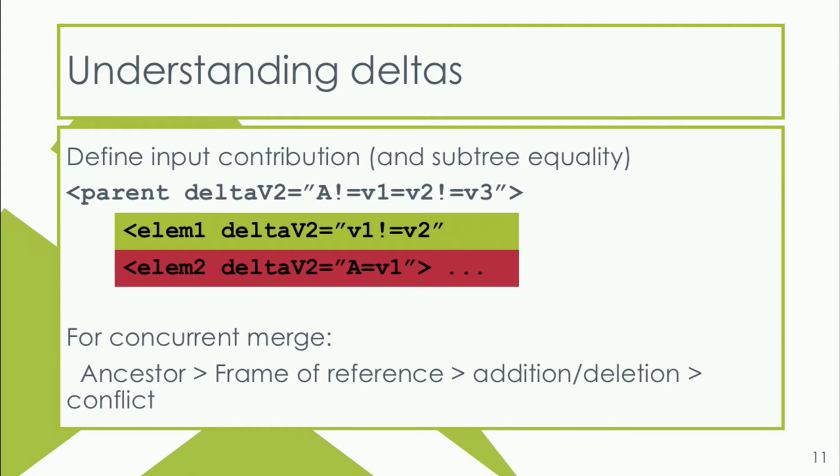So Tejas has mentioned deltas. I will try and quickly explain how we use them to process the merge. Deltas represent the inputs to the merge process, and so they're given identifiers. In this case, from the following example, A corresponds to the ancestor, and we have V1, V2, V3 coming in. From those, we separate the deltas with equals and not equals, and those are both used as separators, but they also tell us about subtree equality at that point, so that we can make some calculations.